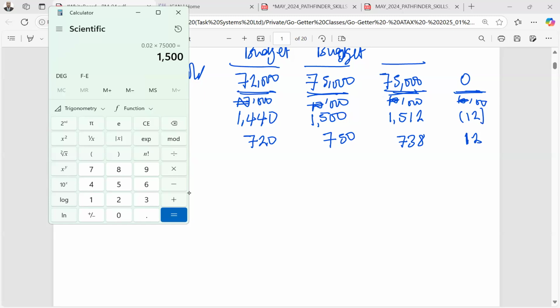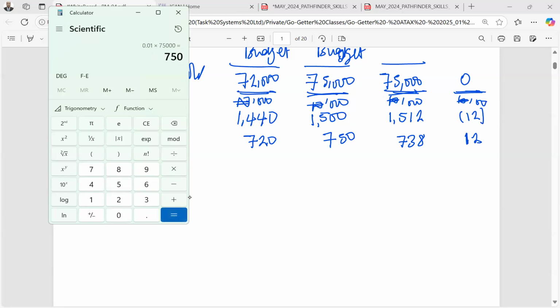Now, in the direct labor, 738 was given to us, and so was 720. What we need is to find a figure here. And we said 720 was done using 72,000 units. So we divide 720 by 72,000, we get 0.01 for 1. To get that of 75,000, we multiply by 75,000.